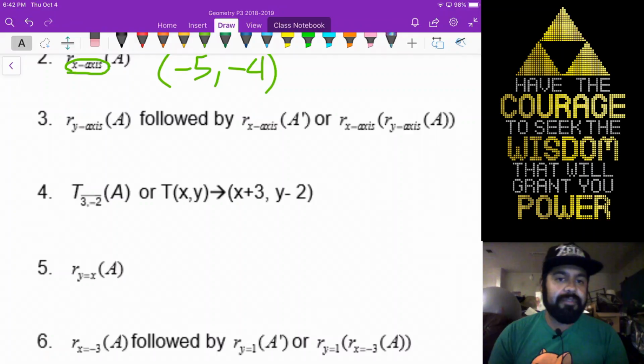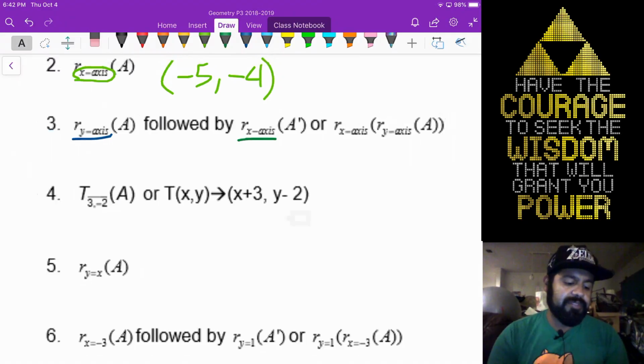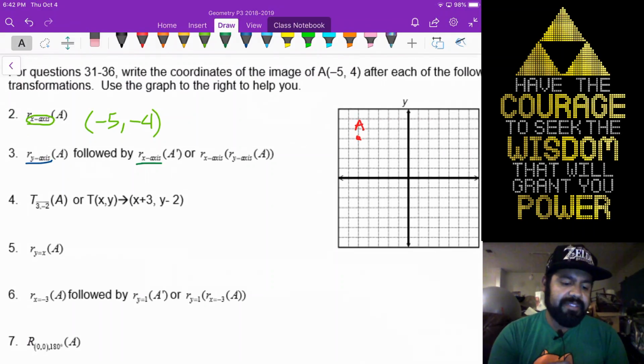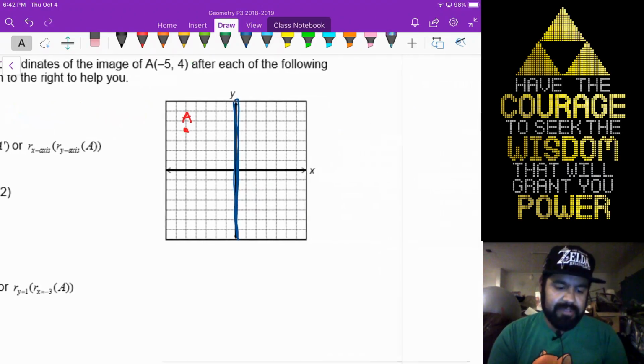Number 3 says reflection over the y-axis followed by a reflection over the x-axis. So we're going to do 2 different reflections here. Our first one along the y-axis, which is going to be this line right here. So reflecting over that is going to put us right over here. So that is A prime.